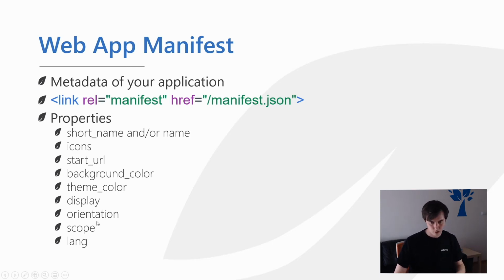There are other properties in there as well. This is not even the complete list. These are just the main properties that we have specified for the application, but you can use others as well. You can look into the specifications for web app manifest. So this is the really easy part. You just add one JSON file, specify your properties, and you have the basic of your application.